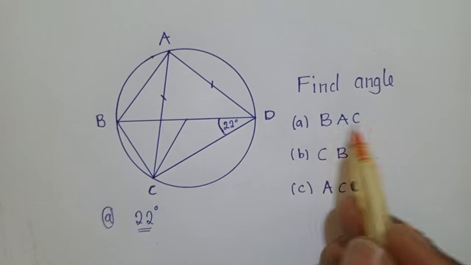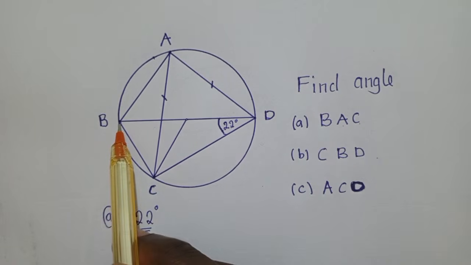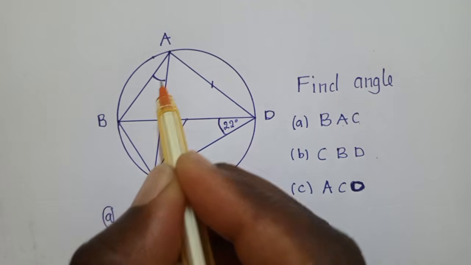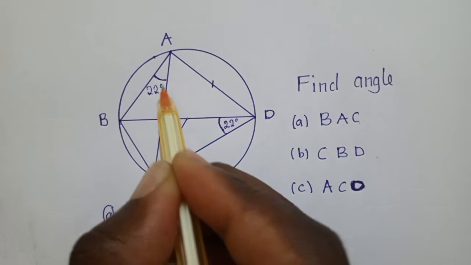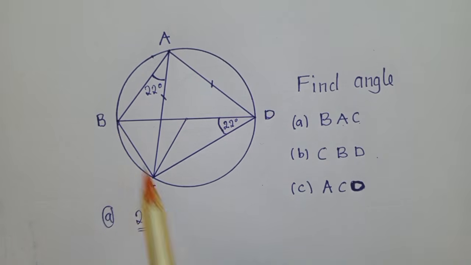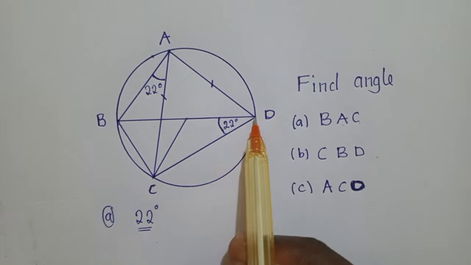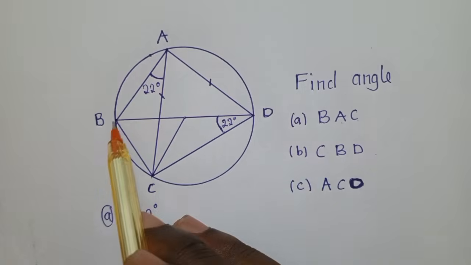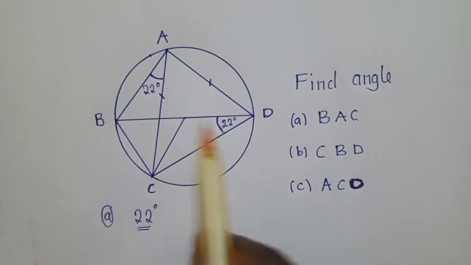Angle BAC, we are looking for this angle. It's 22 degrees also. Remember the property which says that angle is coming from the same segment. You can see this is a segment. So it goes like this, touches the circumference. This also goes like that, touches the circumference. So these two angles are equal to each other.